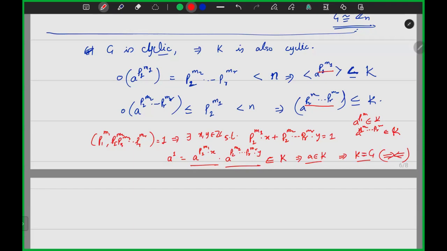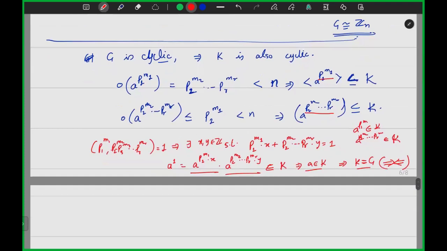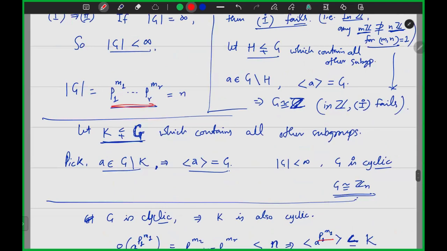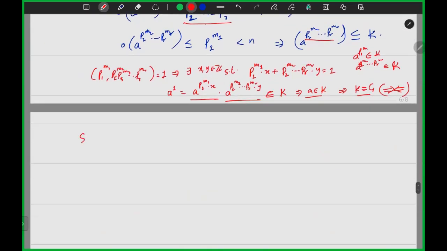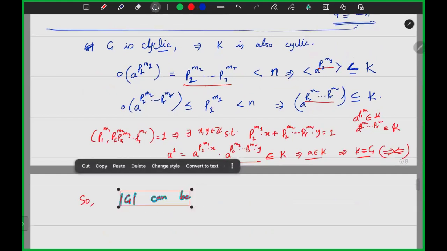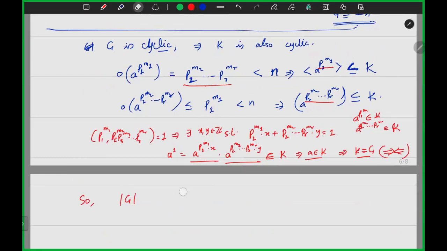So we are in a good situation that this kind of different primes cannot occur in the order of G. So the only case left is, or rather, it should be, not can be, because in the other case we are getting contradictions: the order of G is a prime power. Okay, here we conclude our theorem.